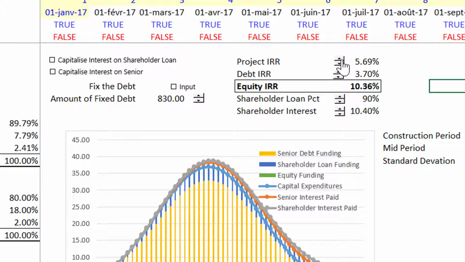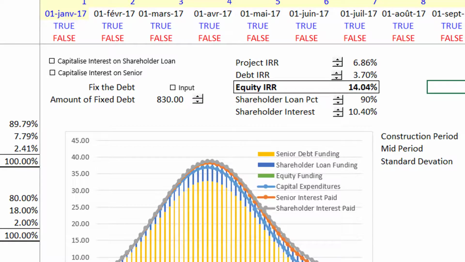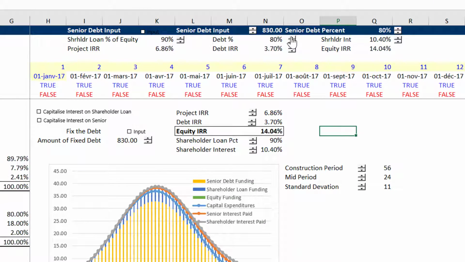Here. Now let's say I have a higher project IRR, and let's put a little bit higher gearing, a higher debt amount in. Oops, I'm starting to be up too high. And wow, if we have the shareholder loan and we capitalize the interest, we get 20.26. Let's leave it capitalized.